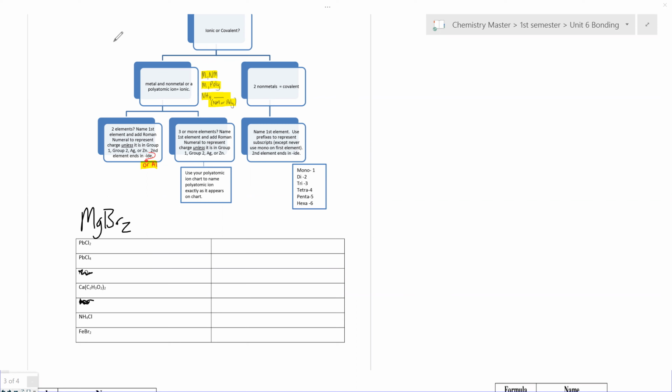Name the first element, name the second element, change the ending to -ide. MgBr2. Don't look at any of it. Magnesium and... I heard Michael say Mg is magnesium.